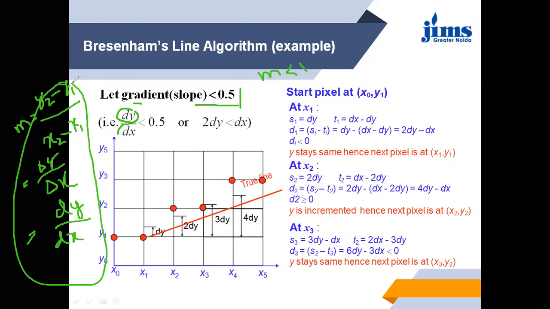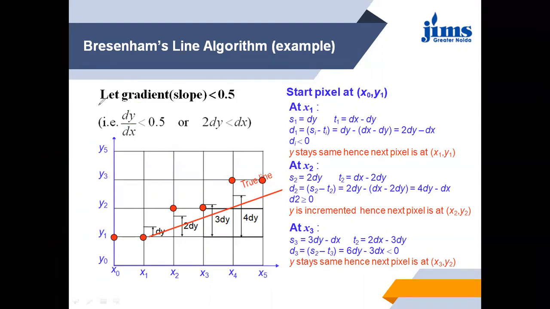We can find these values easily. When I take this to this side, it will be dy.